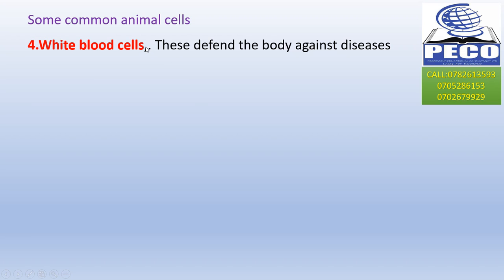So the ability of your body to release white blood cells has become low. That means that infections can easily attack you. They can easily attack me. Why? Because my defense system, the body system that defends me against diseases, has weakened.